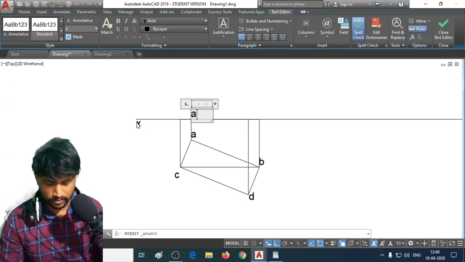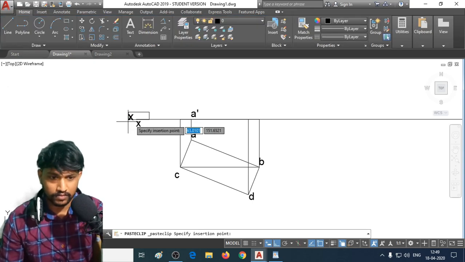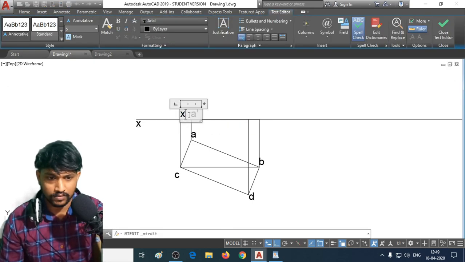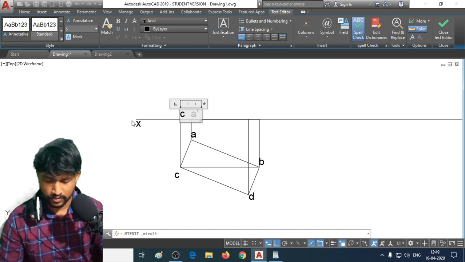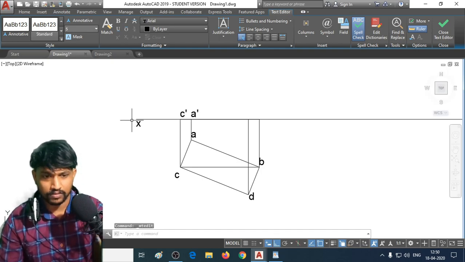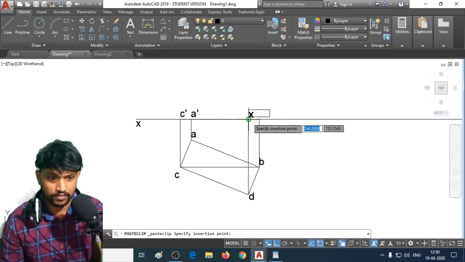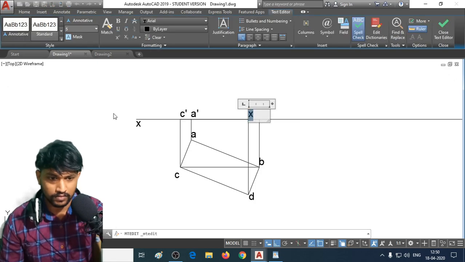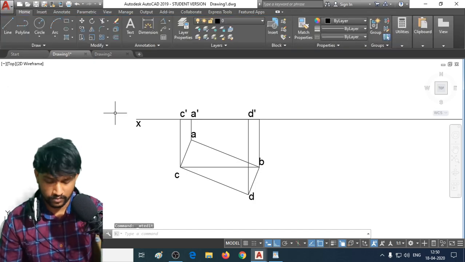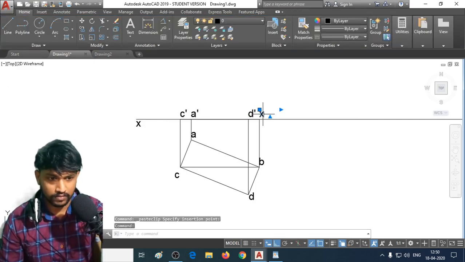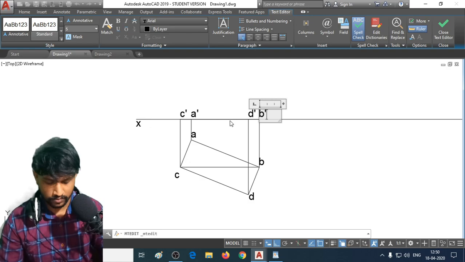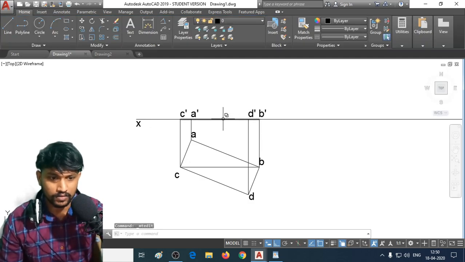So this will become A dash, C dash, D dash, B dash.